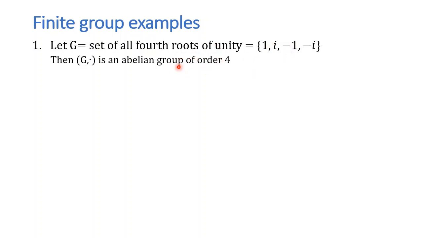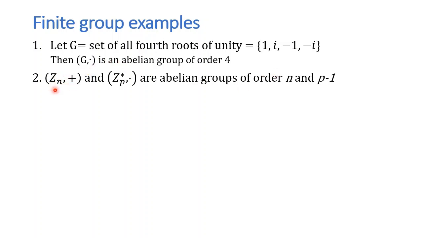Then also (G, ·) will be an abelian group. You can verify all the four properties. Since the set is finite, you can find the Cayley table and you will find that all the four conditions for a group are satisfied.